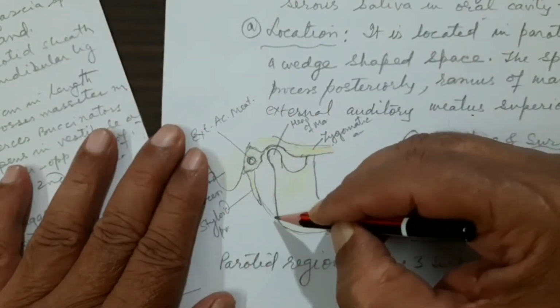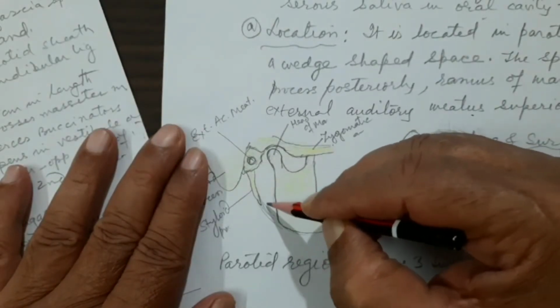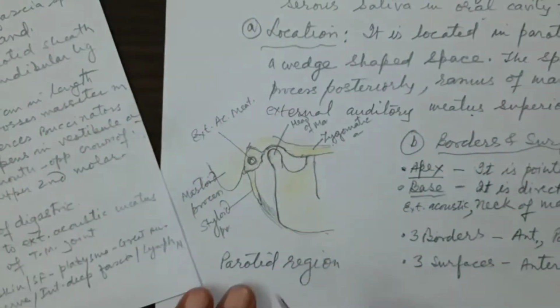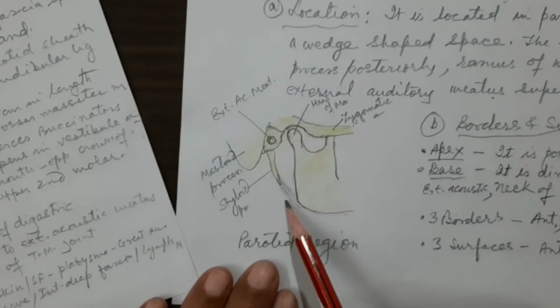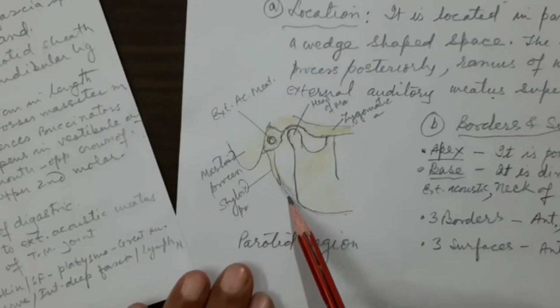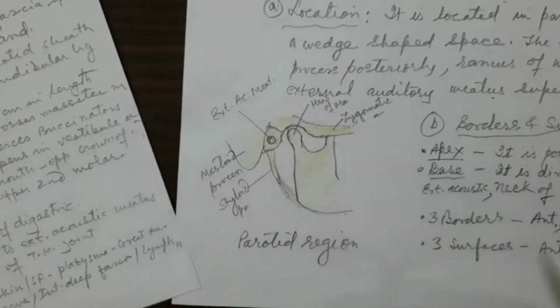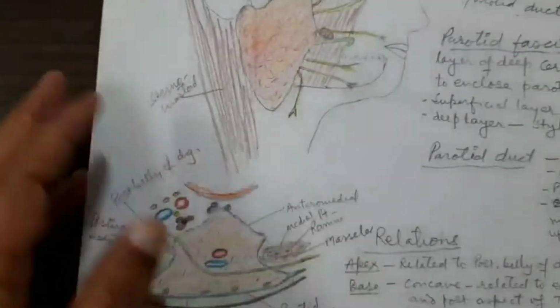Here, see this place, from the tip of the styloid process to the angle, it becomes especially thick, and this part is called the stylomandibular ligament. The rest of the part here is quite thin, deep inside.